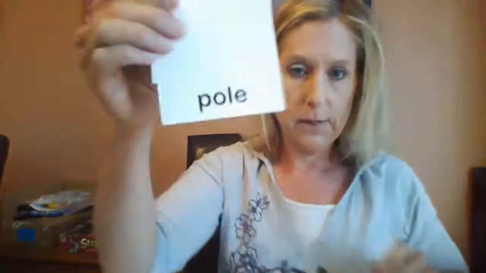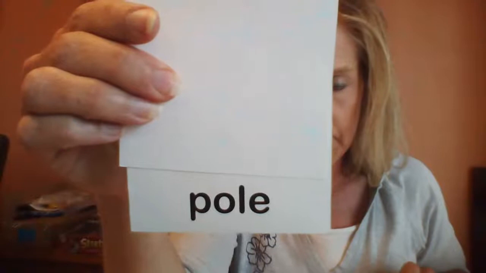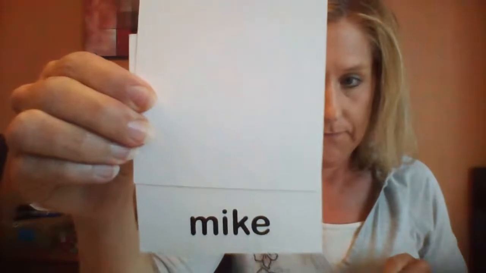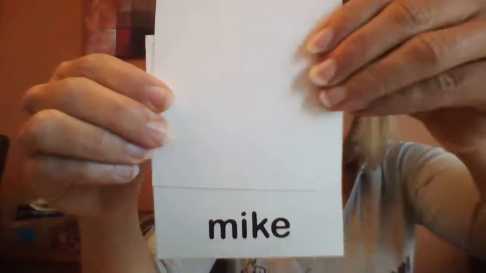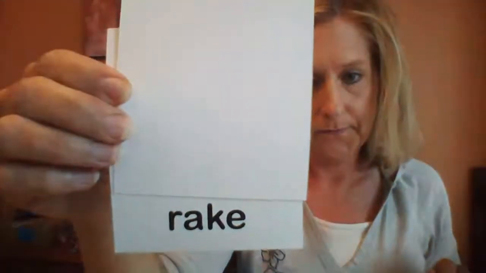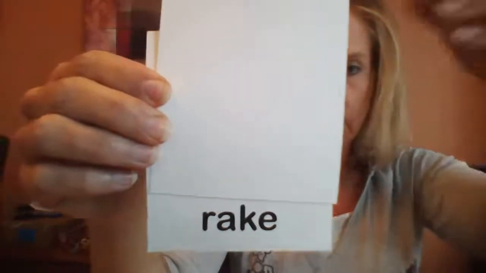Maybe you guys are noticing these cards from when we segmented the sounds, when we stretched the sounds, we did smile. Let's do some that we haven't even done yet. Just try it. See if you can do this one. Pole. Mic. Kind of a shortened way of saying microphone. The mic. Let's do one more. Rake.